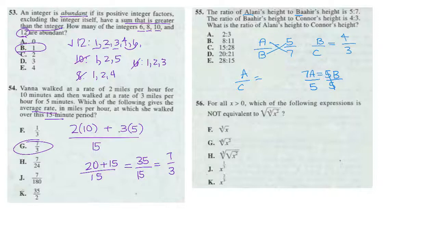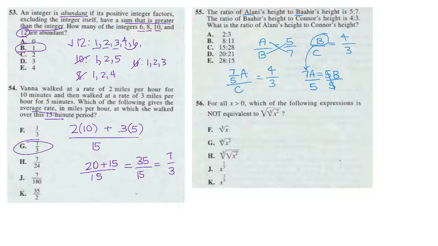So in this portion right here, I'm going to make that substitution. I'm going to erase that, give us a little bit more room. So here in place of B, I'm going to put 7/5 A is to C, and that's equal to 4/3.